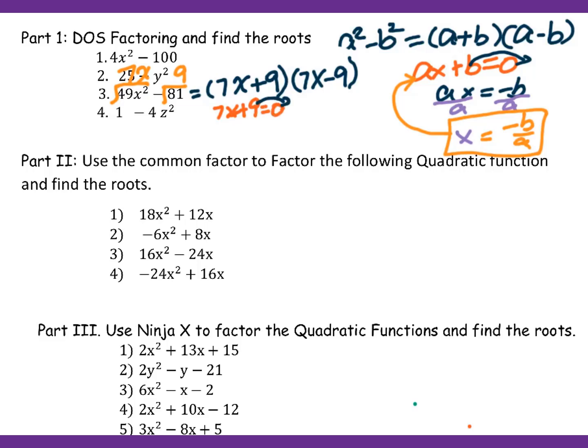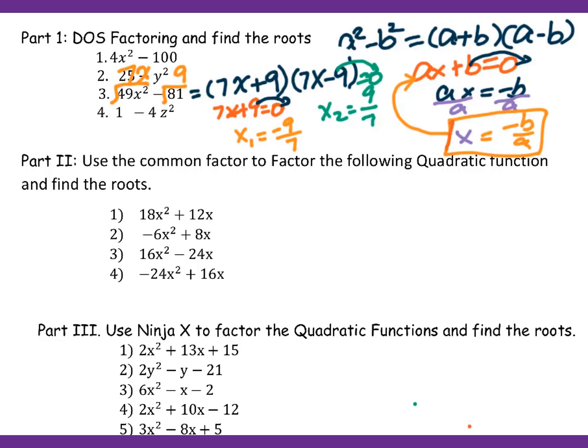Move this 9 to the other side, change sign. So x1 equals negative 9 over 7. This one equal to 0, add 9 to both sides. So x2 equals 9 over 7.